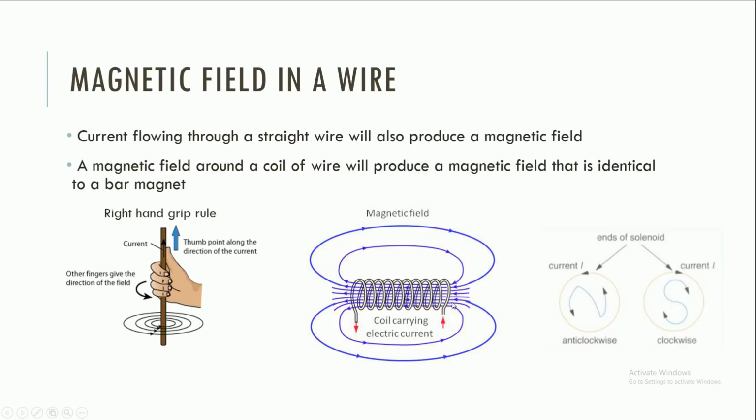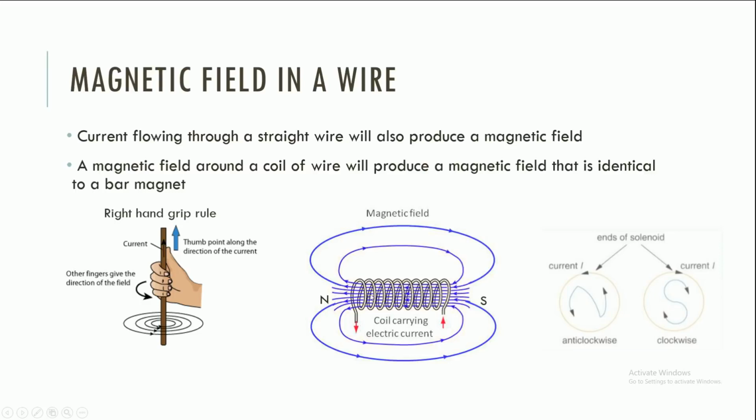And so remember, in a bar magnet, it goes from the south to north pole. So if you were to take a look at the poles of the magnetic field that this thing produces, then you can sort of judge by the field lines that this side here to the right is the south pole and this side here is the north pole.